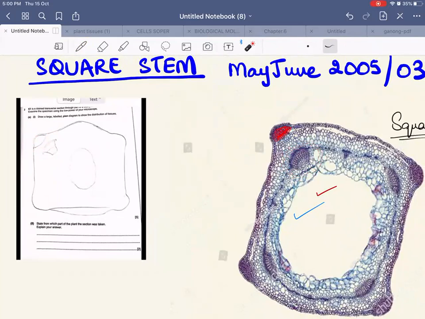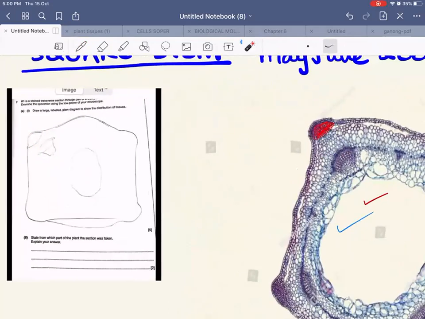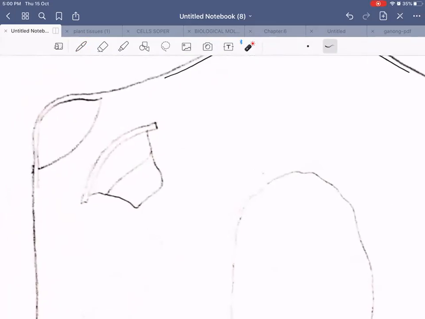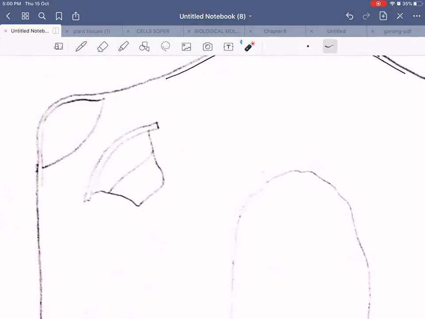I have drawn the shape of the vascular bundle just to show you the distribution of tissues and not the individual cells. So the outermost layer, then a separate patch over here, and then this patch for the vascular bundle. You can see this, and then this, and then this.